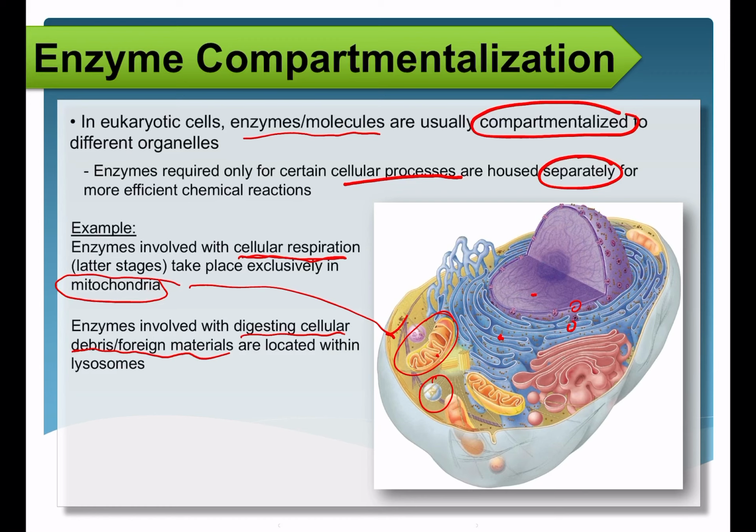Only broken stuff that is supposed to be broken down will go to the lysosome, and the lysosome is where those enzymes specific for breaking down things are housed. So things are housed around the cell and compartmentalized in their particular locations, because those are the enzymes for those particular reactions that are necessary for that particular area. We can't put them into the wrong area.